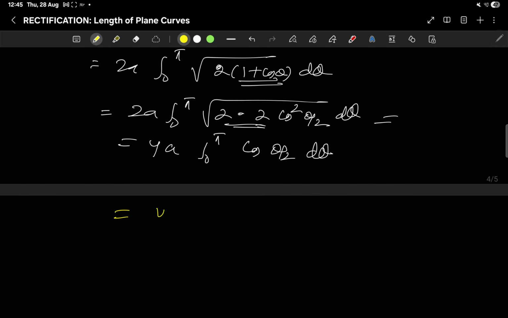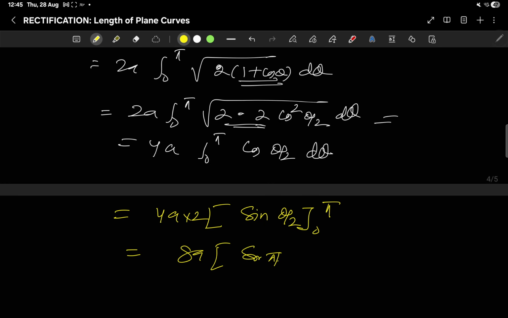If you integrate, integration of cos theta by 2 is sin theta by 2 divided by 1 by 2, so multiplied by 2 again, from 0 to pi. So this is 8a times sin pi by 2 minus sin 0. Sin pi by 2 is 1, so 8a into 1 is 8a.